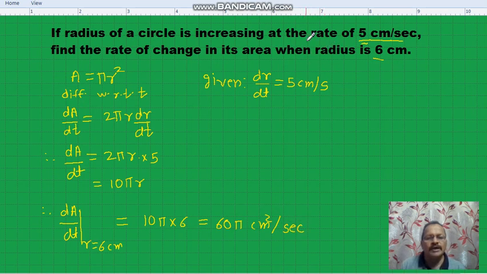So when a radius is increasing at the rate 5 centimeter per second, the area of the circle is increasing at the rate 60 pi centimeter square per second.